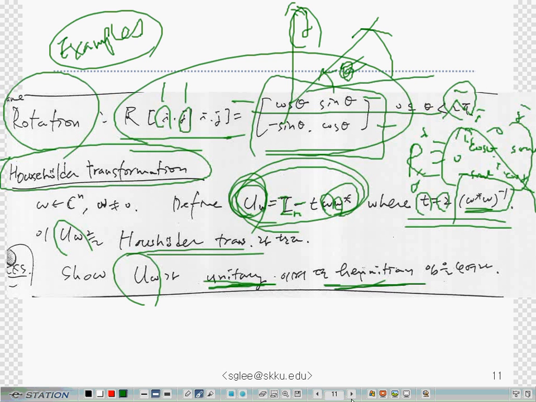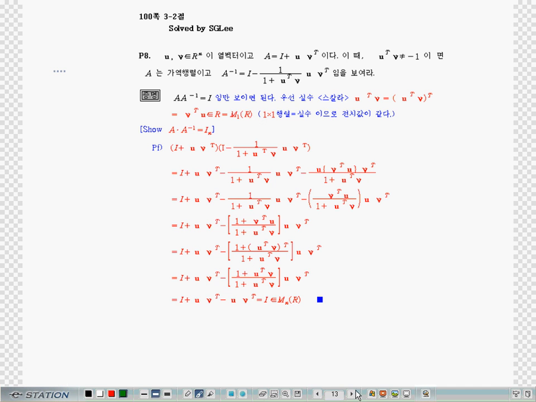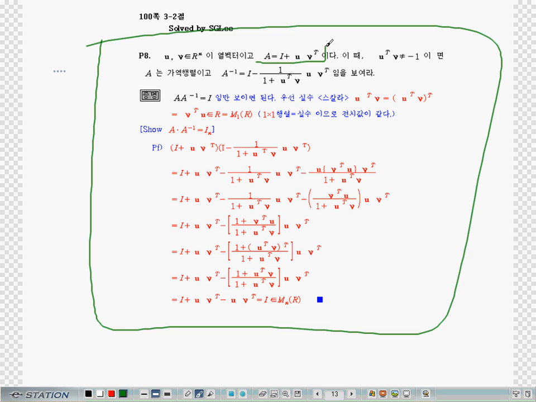I gave this problem to some of my undergraduate students before. Here's the proof, and this is better written. When you have this matrix, it is real.